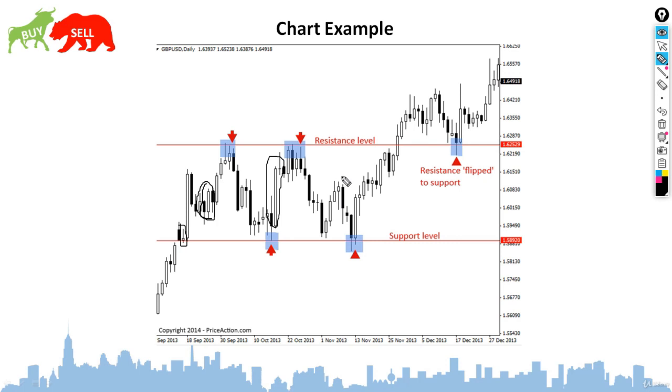As we can see here, also a shooting star confirmed with a bearish engulfing pattern. Here also we have a bullish engulfing pattern. Here we have an unconfirmed bearish engulfing pattern.